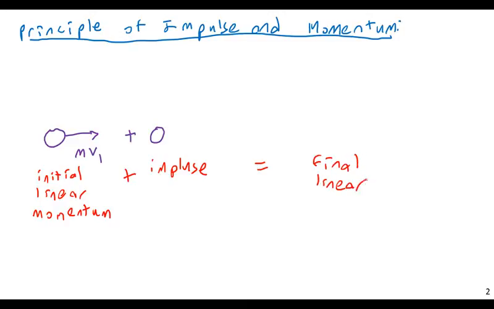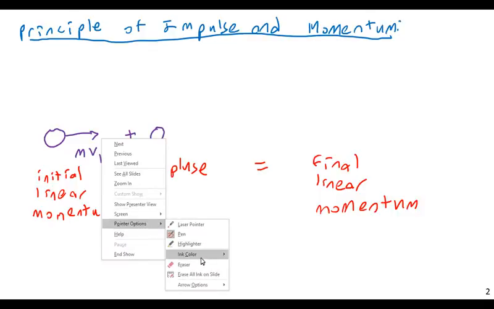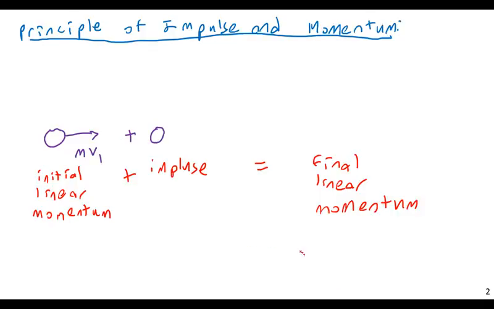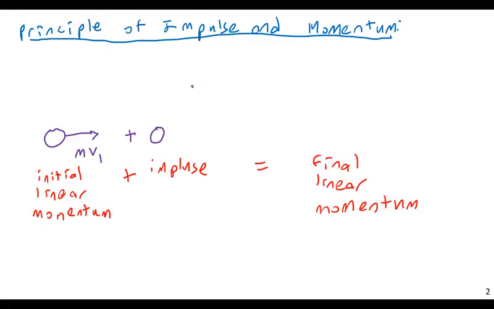And this is a vector quantity. And I'll finish this drawing. So initially this object had an mv1, and then a certain impulse is applied. And this would be, say, impulse from 1 to 2.